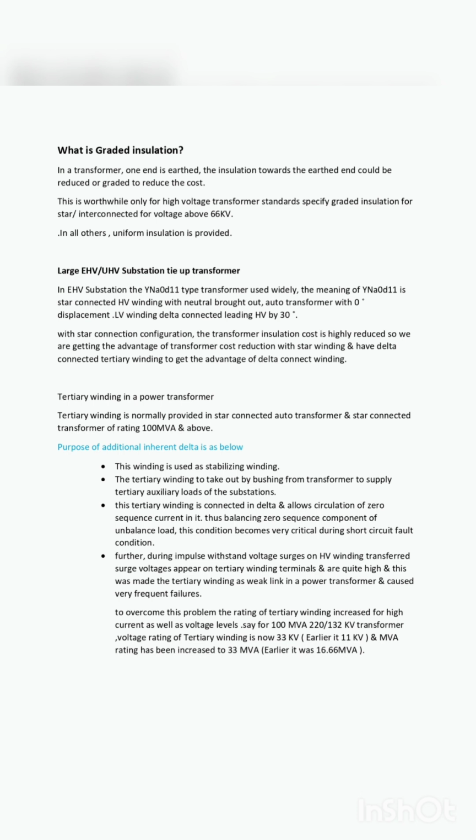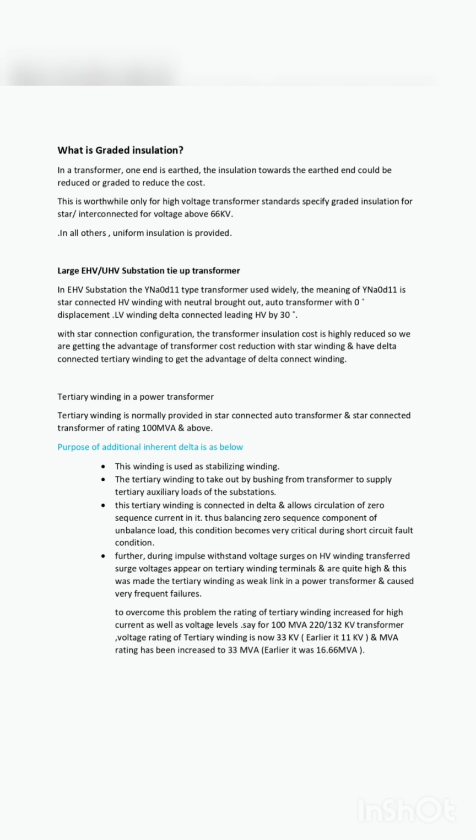The tertiary winding can be taken out by bushing from the transformer to supply tertiary auxiliary loads of the substation. This tertiary winding is connected in delta and allows circulation of zero-sequence current in it, thus balancing the zero-sequence component of unbalanced load. This condition becomes very critical during short circuit fault conditions.